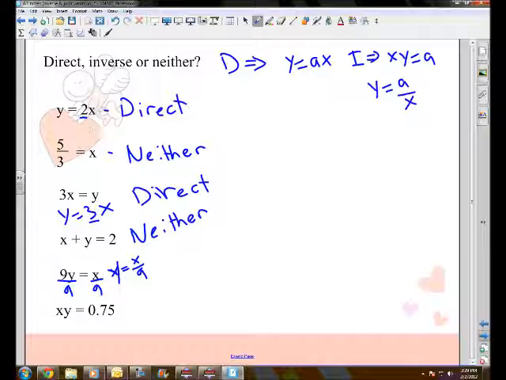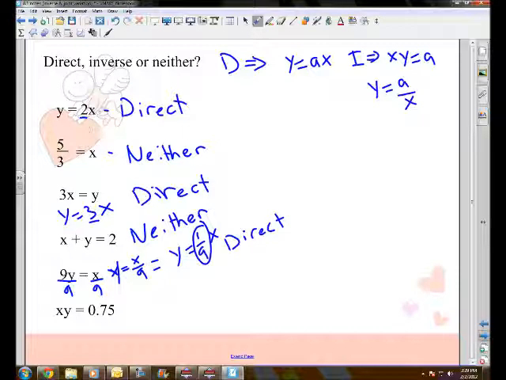So let's try and write this in another way. We'll go y equals 1/9 x. Now that's, of course, legal, right? So now I think we're starting to look a little bit more like our direct variation, this being our constant of variation. So this one will be direct.